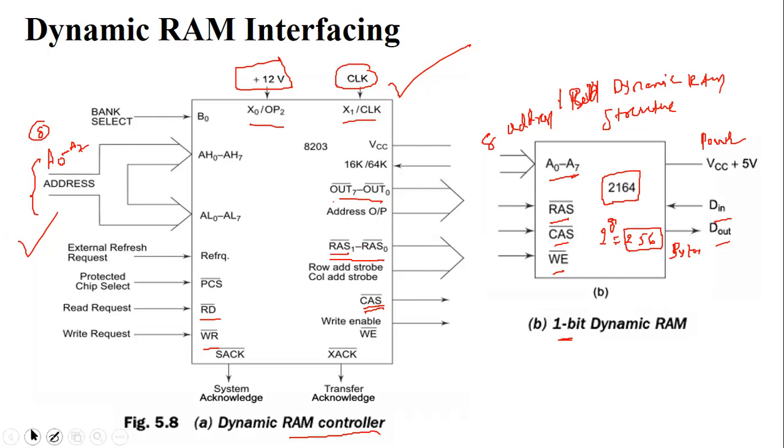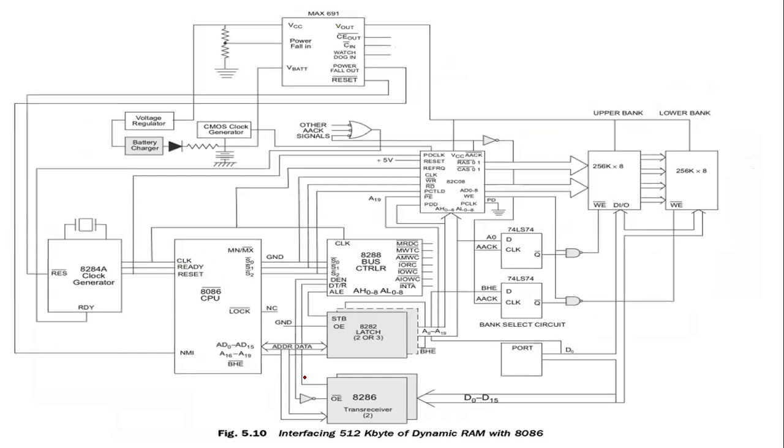Now this is a simple diagram of interfacing 512 KB dynamic RAM to the 8086 microprocessor. This is the diagram, this 512 KB RAM, and this is the CPU.